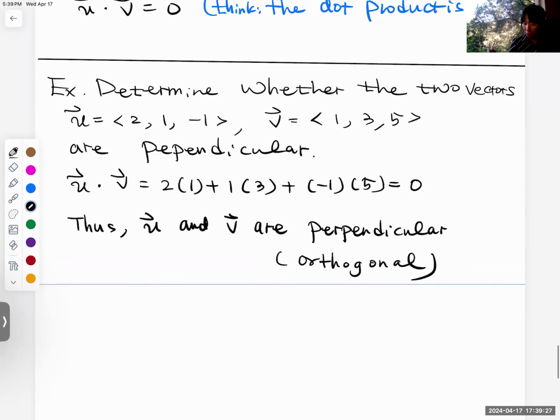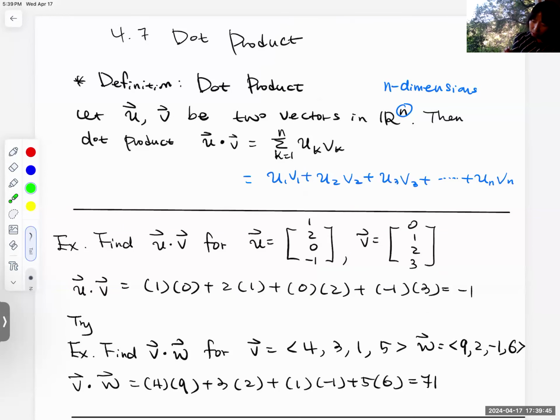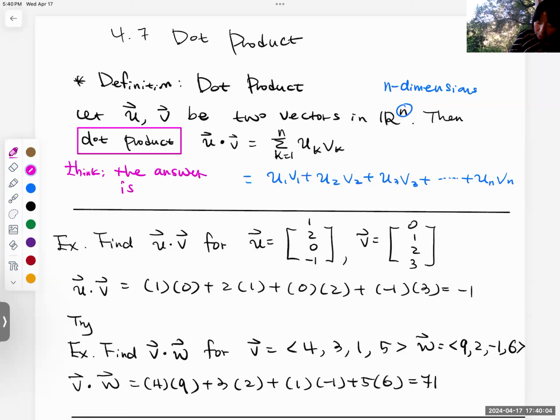And let's go back. Dot product, we multiply and add, then it gives us a number, right? So let me think. The answer is scalar. Scalar means it's a number, right?